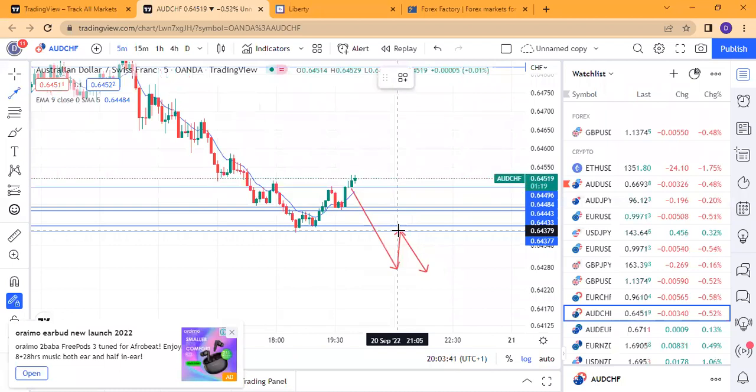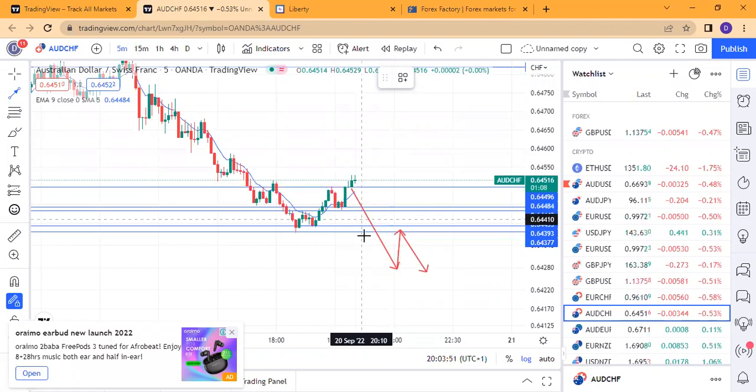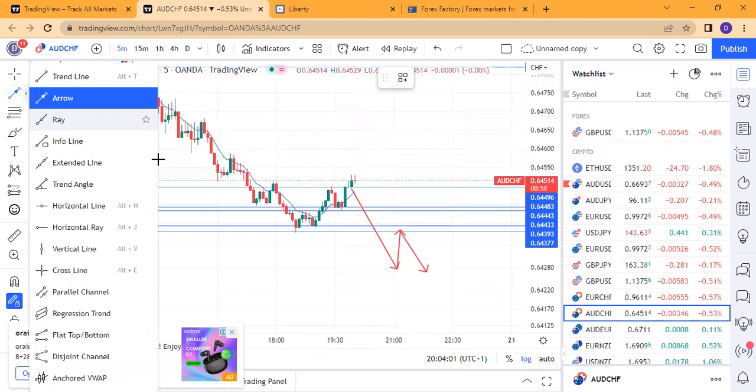Now that means the present 5 minutes candle has about a minute to expire, and it gets to your zone. Let me give an example.